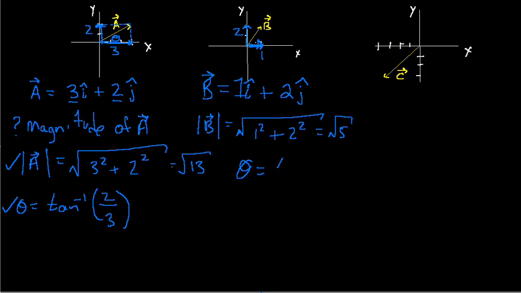The angle will be inverse tan, and you simply take the j over the i, so it's 2 over 1. So we got the angle, we got the magnitude for that one.